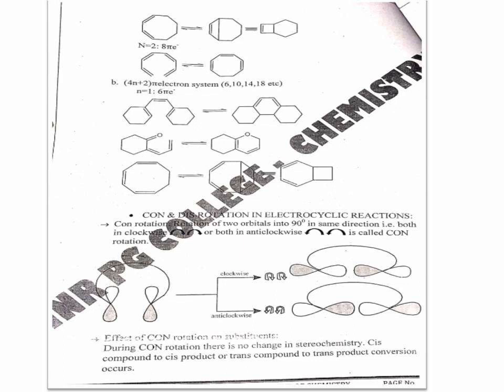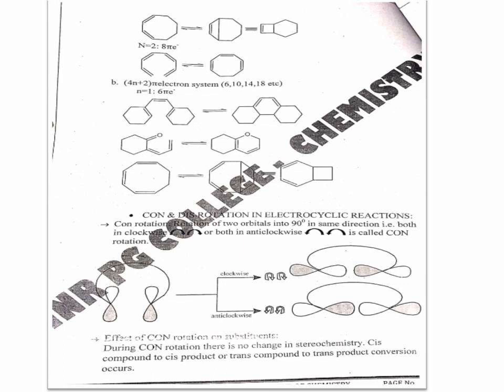So now based on this we have to draw two pictures, where at the end where the sigma bond will form or the sigma bond is breaking, those two p orbitals are either in the same phase or in the opposite phase. Same phase means shaded lobes will be on one side and the unshaded lobes also will be on the other side.